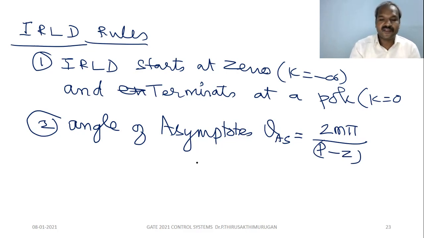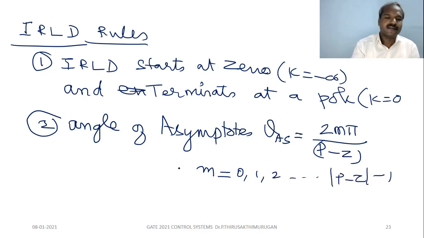So here it is a reverse phenomenon. Also, the m value is 0, 1, 2, up to p minus z minus 1.